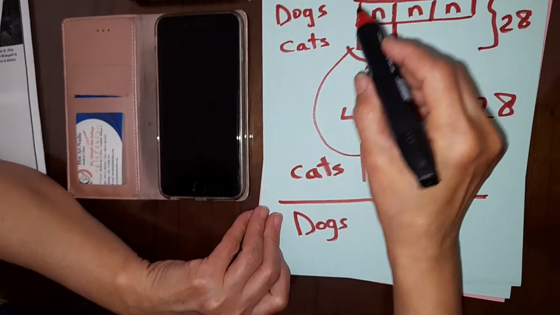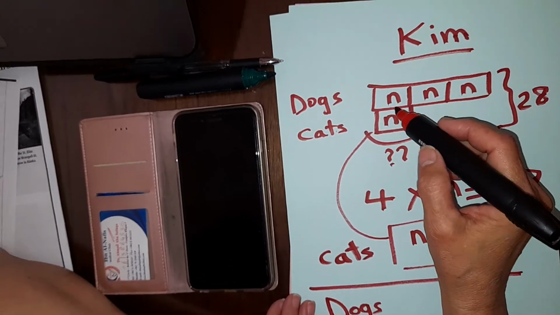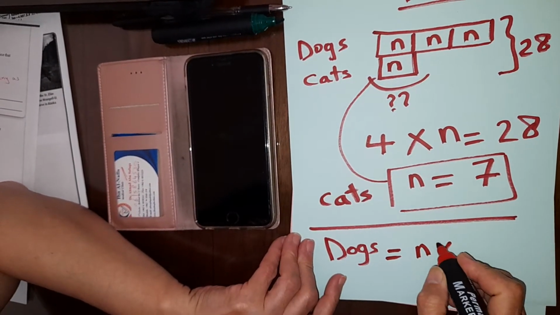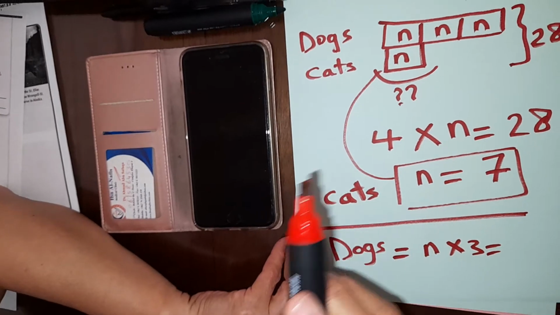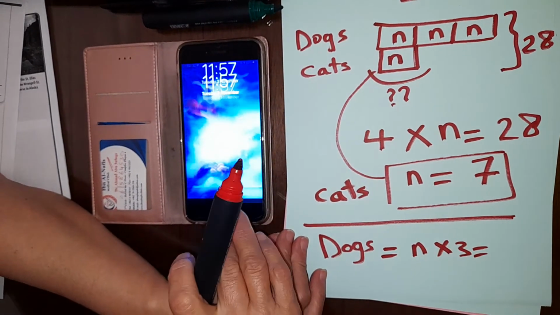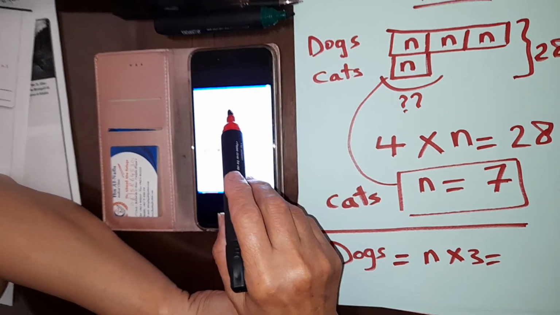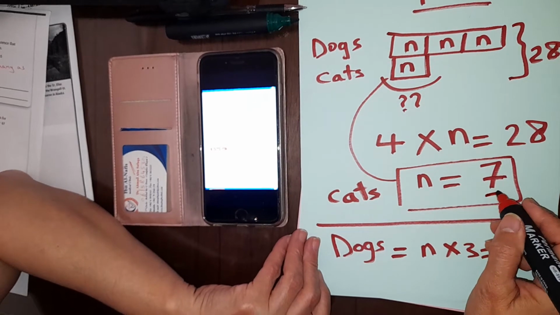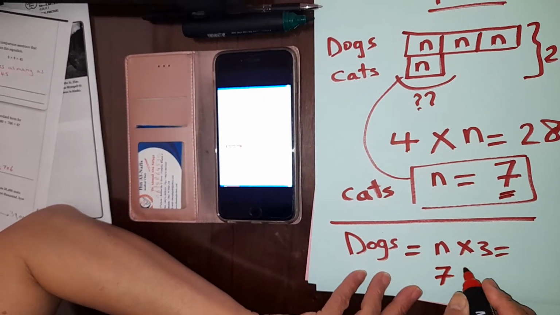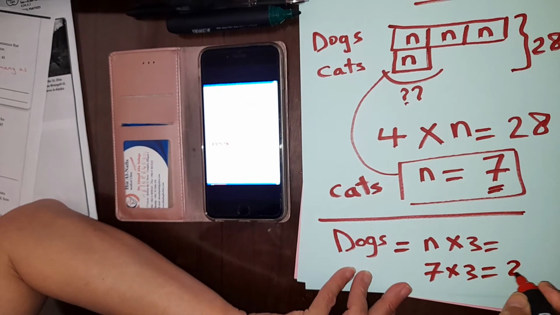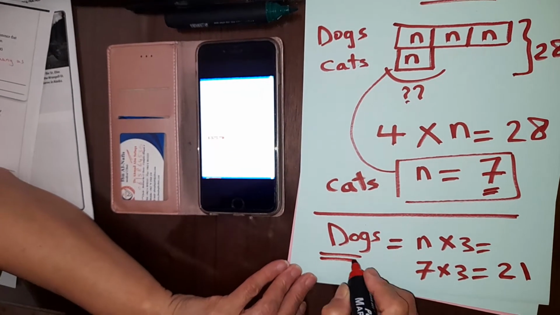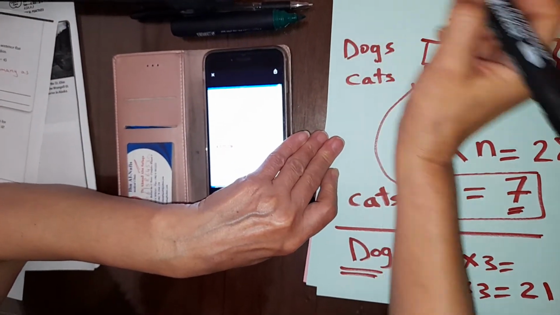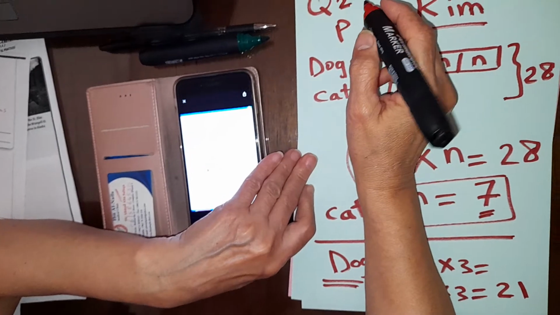If I want to know how many dogs she trained, you are going to multiply the N by 3, because they said the dogs are 3 times as many as the cats. So you are going to say N times 3. And instead of N, I will write the value of it. So it will be 7 times 3. The answer will be 21. 21 what? Dogs. Okay? This is question number 2, page 71.